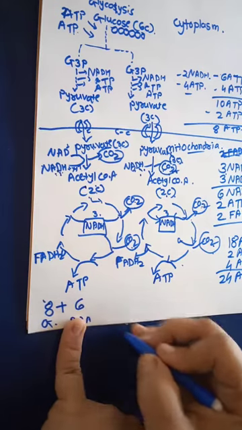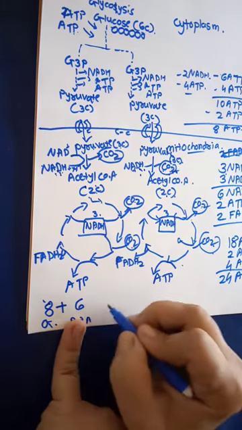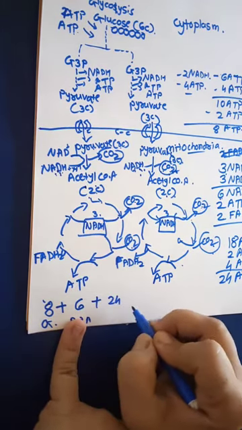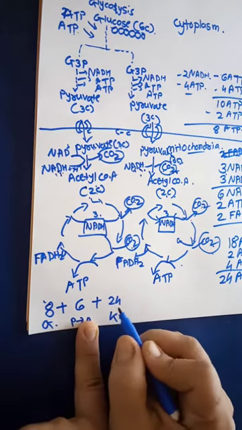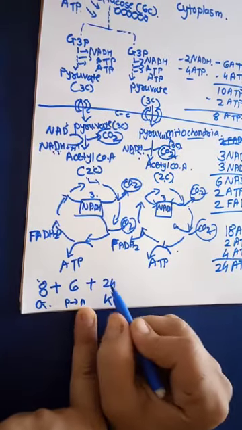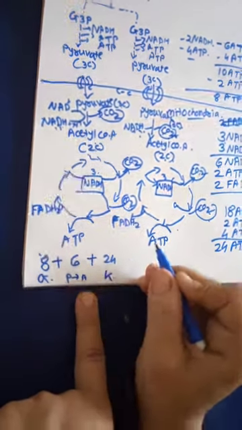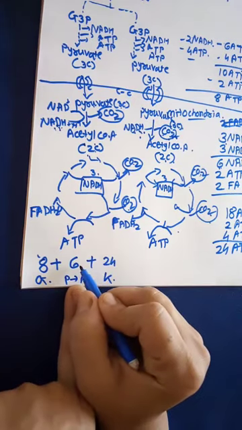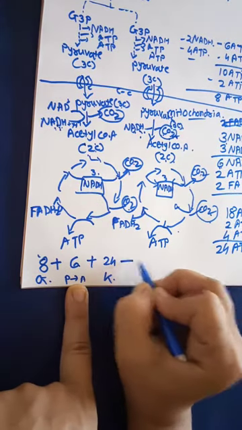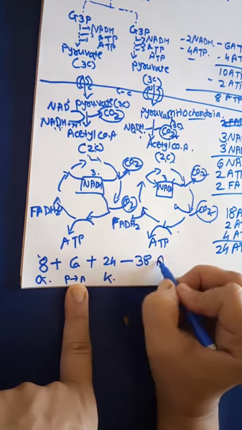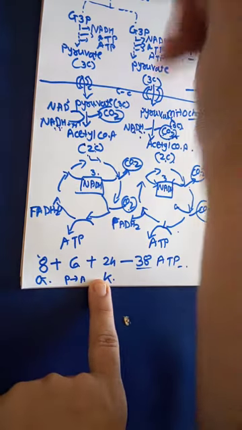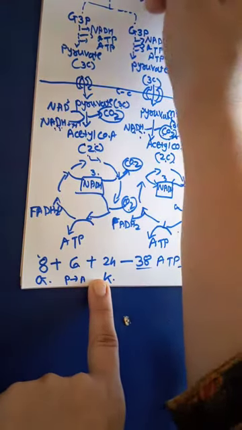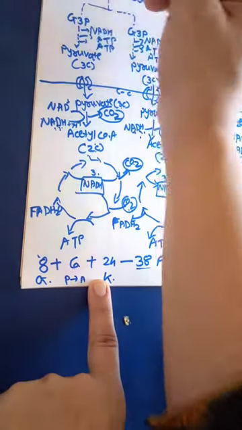And now this is the 24 ATP via the Krebs cycle. So calculate: 8 plus 6 plus 24, that is 38 ATP molecules will be produced during one cycle consisting of glycolysis, the Krebs cycle, and the electron transport chain.